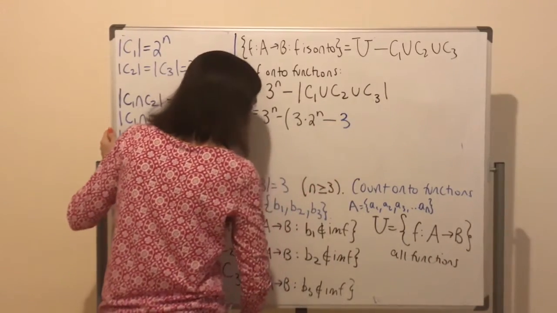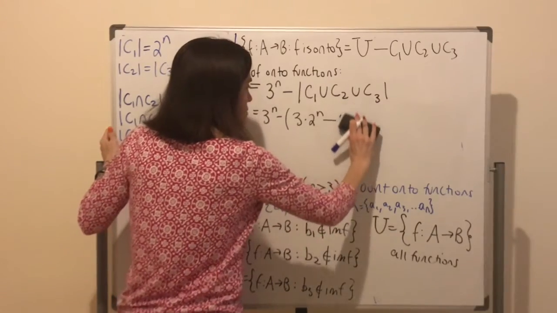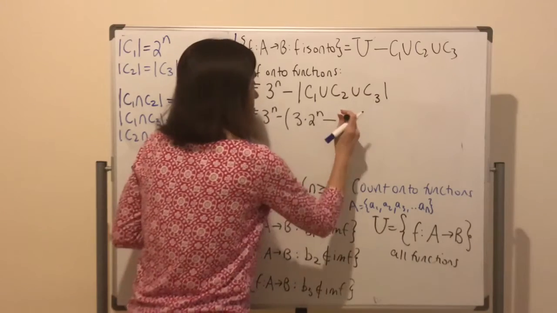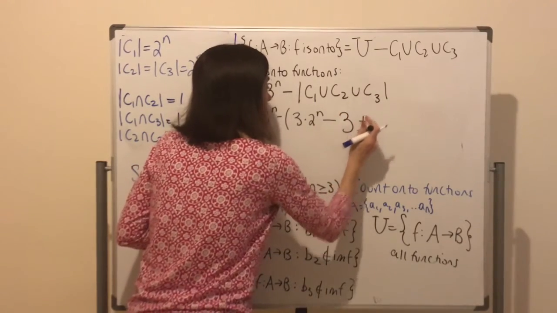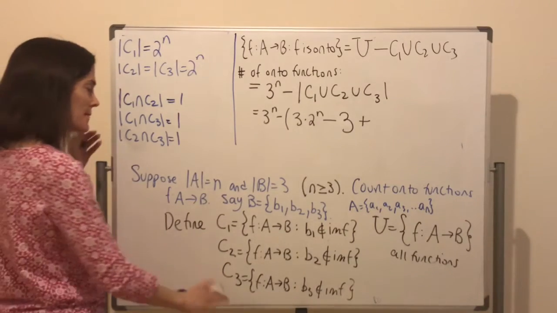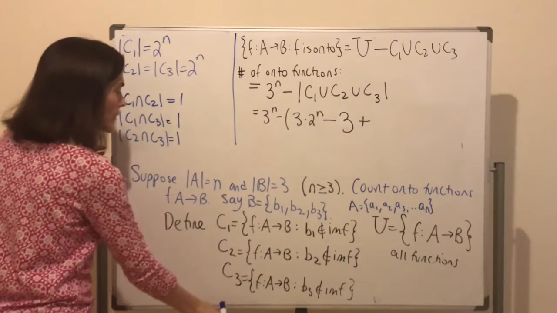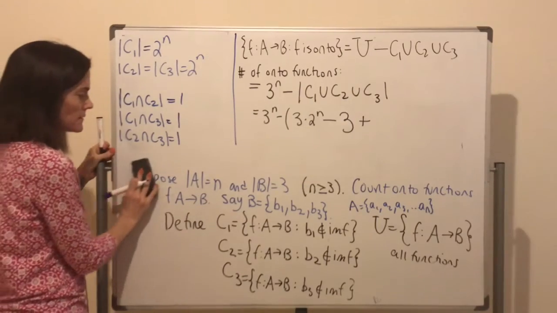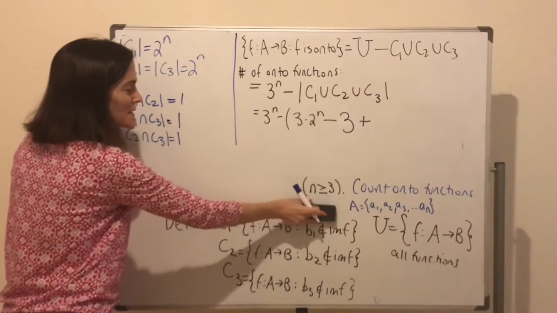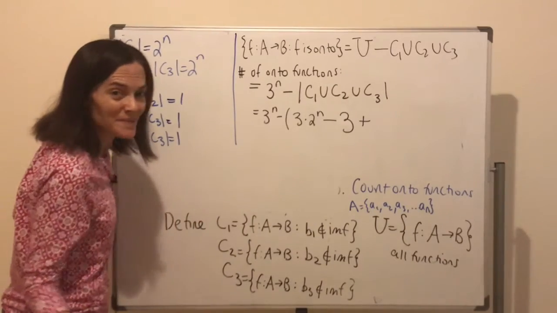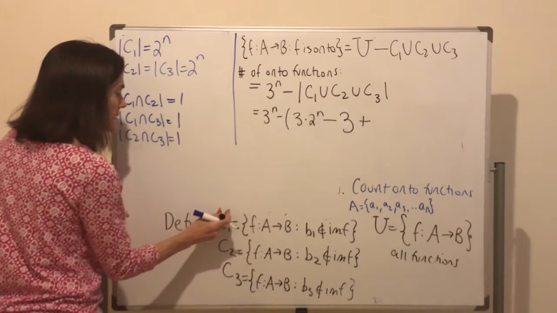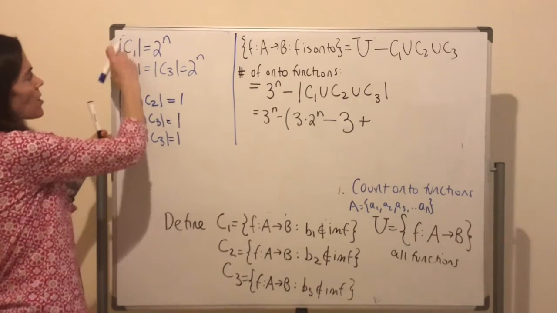The last part of inclusion-exclusion would be counting the triple intersection. I will still leave my sets C1, C2, and C3 up because we're using those. The last part is, right, we have all singles.